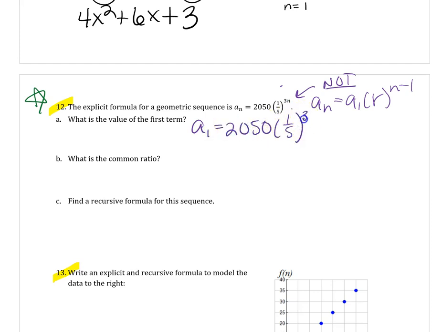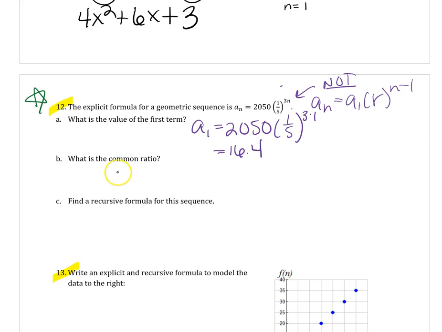Plug that in your calculator, evaluate it, and you are going to get, and I'm cheating a little bit, 16.4. I didn't feel like pulling it up on my calculator. 16.4. The common ratio is not 1/5.